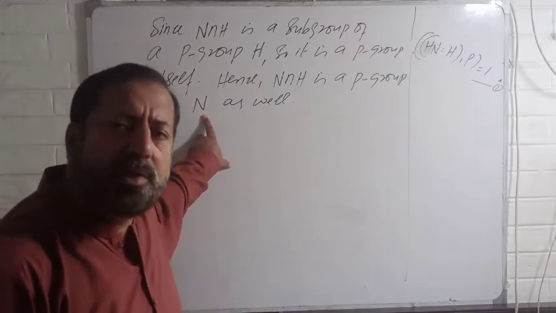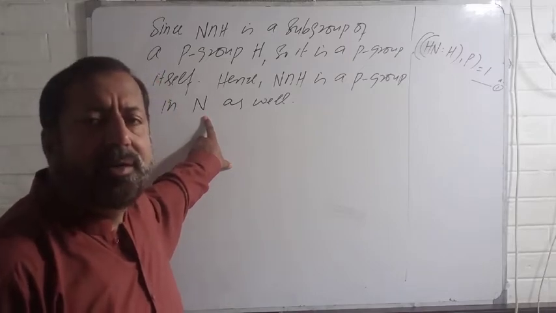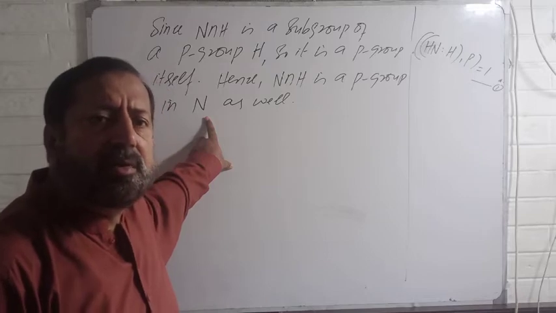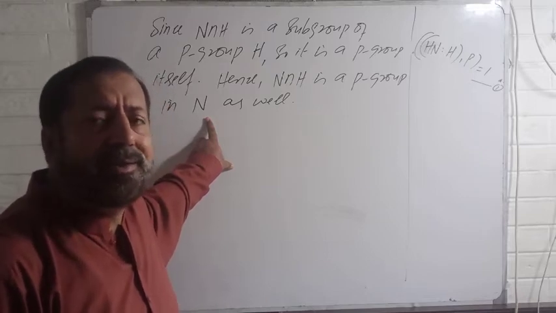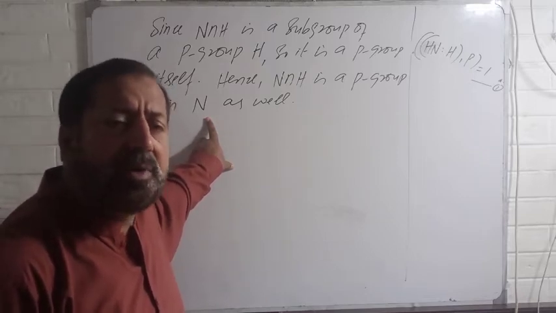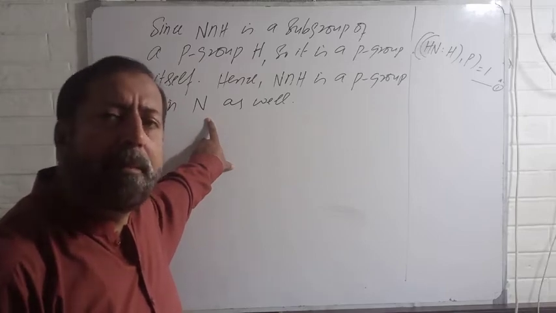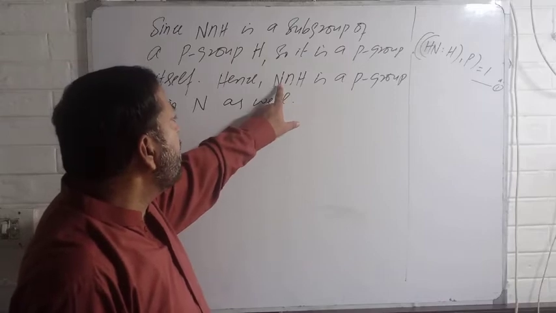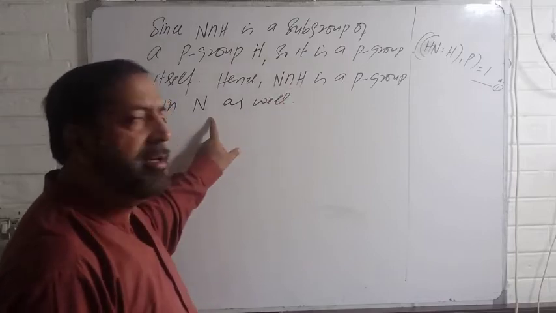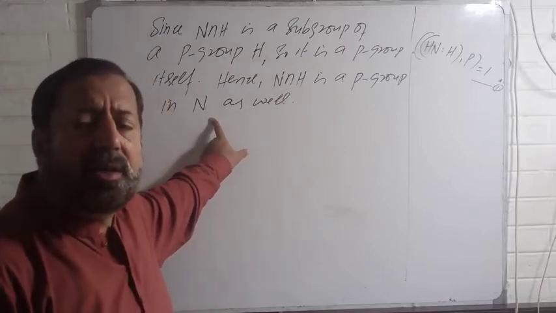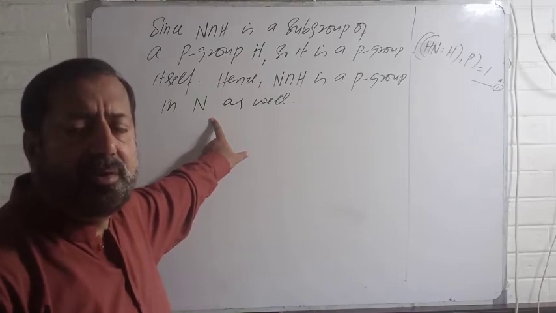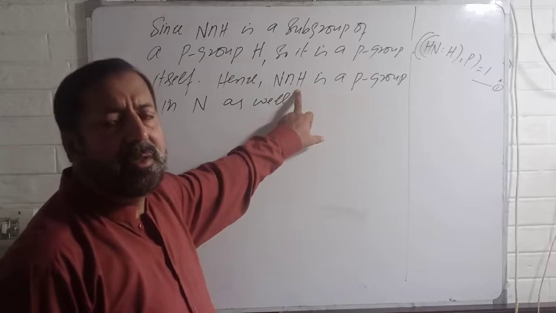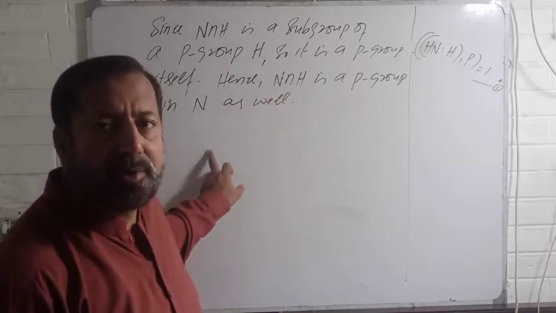Since H is a Sylow-p subgroup, it is a p group, and since N intersection H is a subgroup of H, it must be a p subgroup, and this is also a subgroup of capital N, so it must be a p subgroup in capital N as well. Now you need to show that if you can show that the index of N intersection H in N is prime to p, then of course we can say that N intersection H is a Sylow-p subgroup in capital N as well.